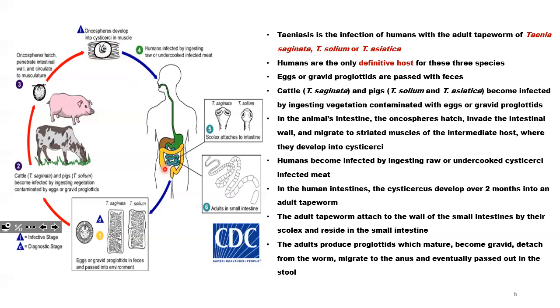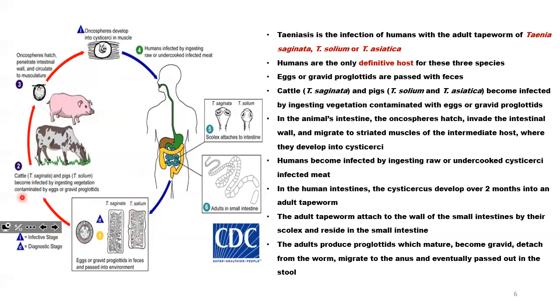The adult worm, because they are hermaphrodites, will mature. The mature proglottids will start mating, and then you have the gravid proglottids, and the entire cycle is repeated. Now, this is the usual life cycle for both Taenia saginata and Taenia solium.